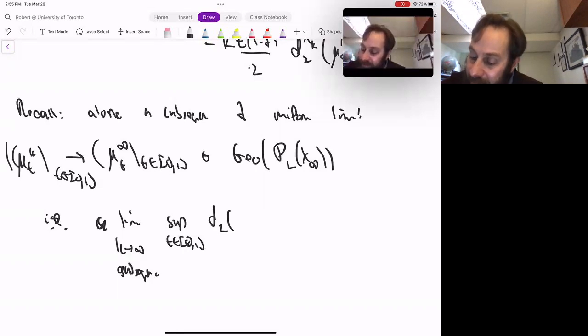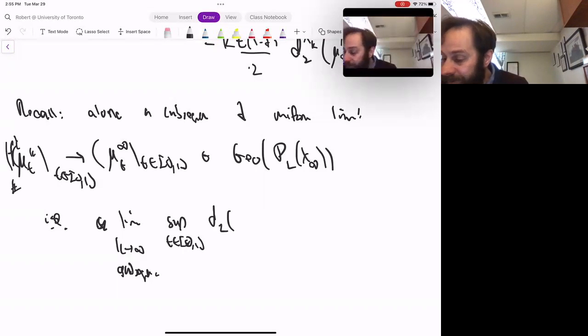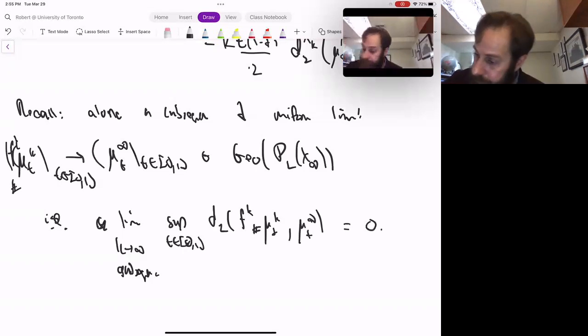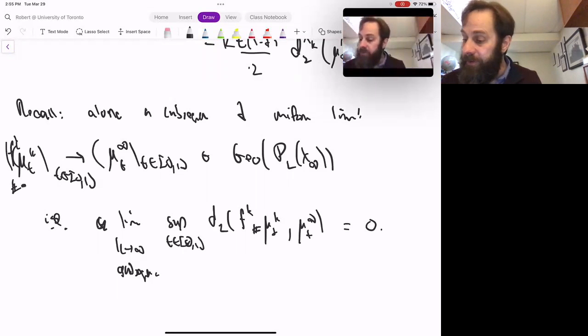So it's really the F_k push forward of this that has the uniform limit. The distance between F_k push forward of mu tk and mu t infinity is 0, because these things should be defined on the same space.